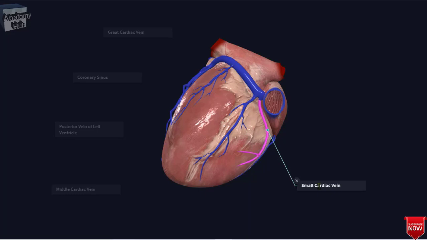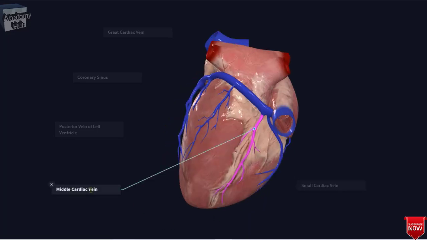Another vein that we'll find is the middle cardiac vein. That present at the right side, draining the right side of the heart, is the middle cardiac vein, and it is located on the posterior surface of the heart.